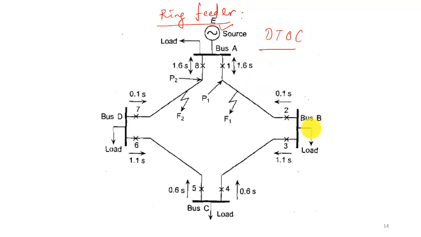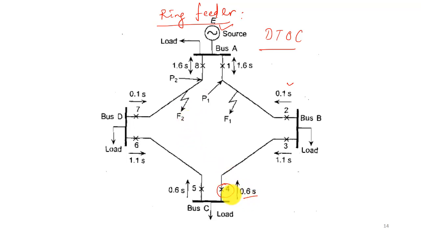We can see here it started from bus B, right? Then it gradually goes around in this way. At bus B, the time delay is set at 0.1 second, instantaneous, right? Then after adding 0.5 second, the backup relay for relay 2 is relay 4, so the delay time or the TMS is set at 0.6 second.